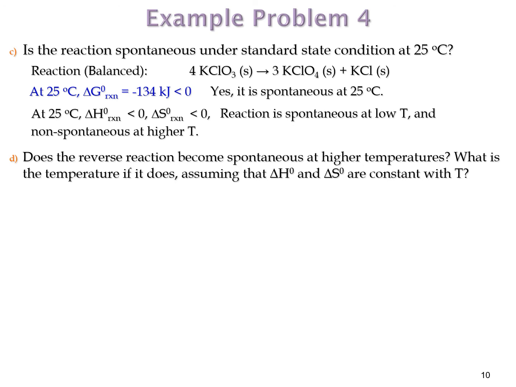Now certainly question D makes sense. The question wants to know whether the reverse of the reaction becomes spontaneous at a higher temperature. So here we go. We have the reverse of the reaction.